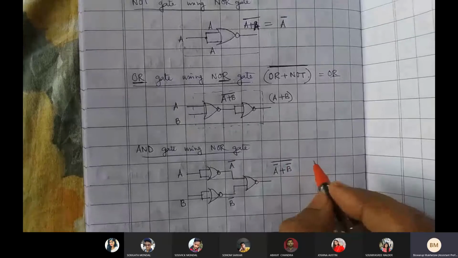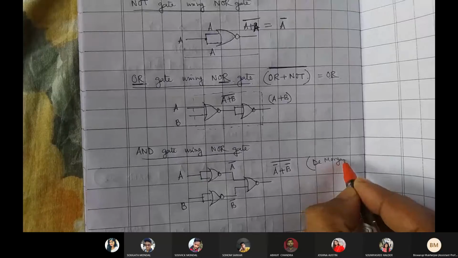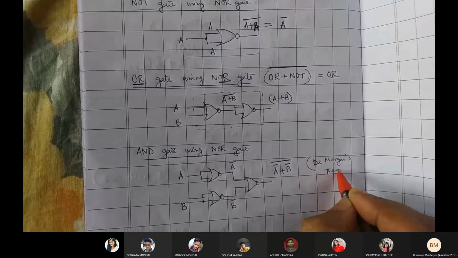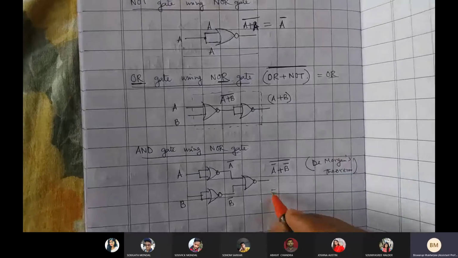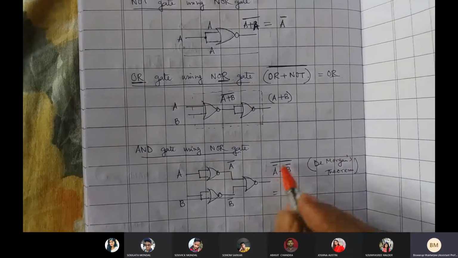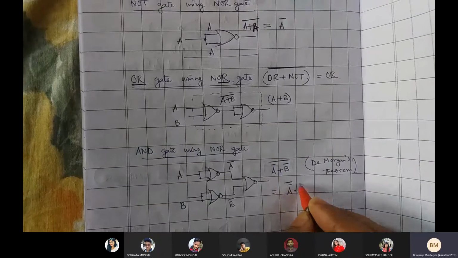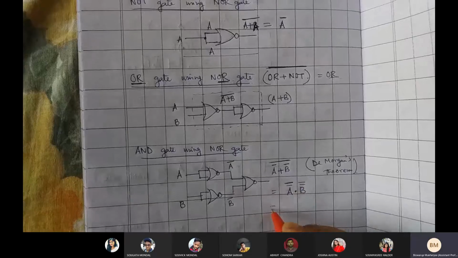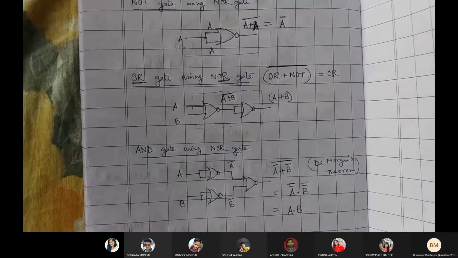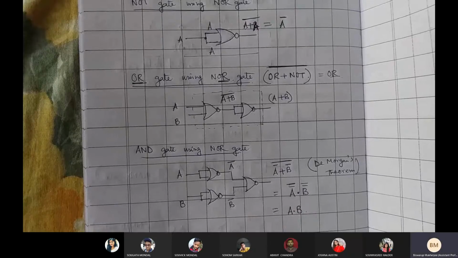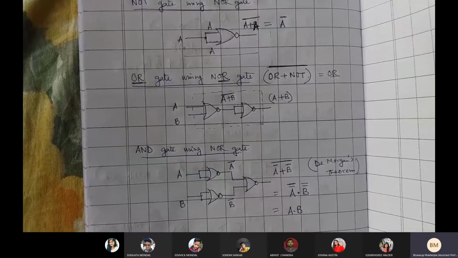And again, by using De Morgan's theorem, this one can be written as A double complement dot B double complement, which is nothing but equal to A dot B.